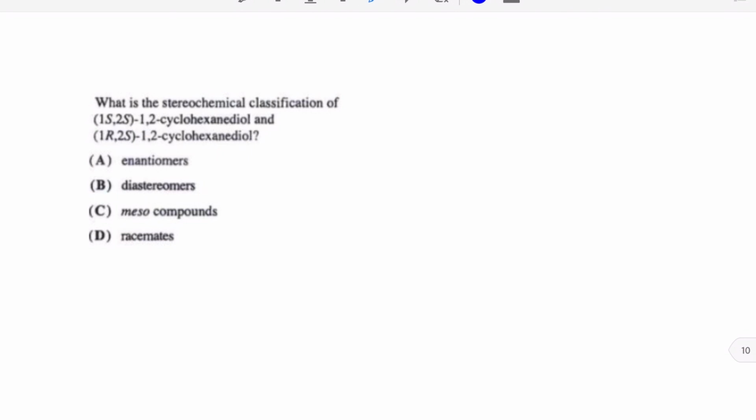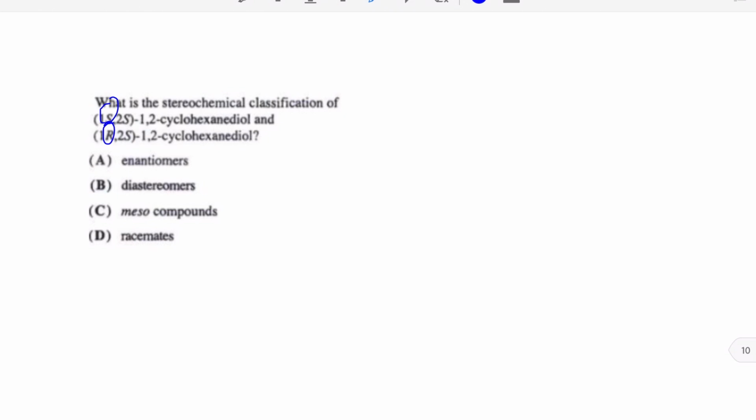So for the first compound, we find that the configuration is S. However, for the corresponding one, it's an R, so we notice there's a flip. And so that's our observation for the first stereocenter.